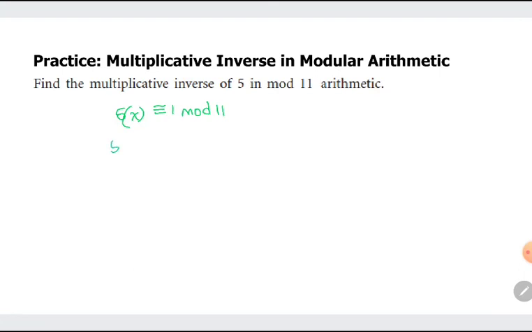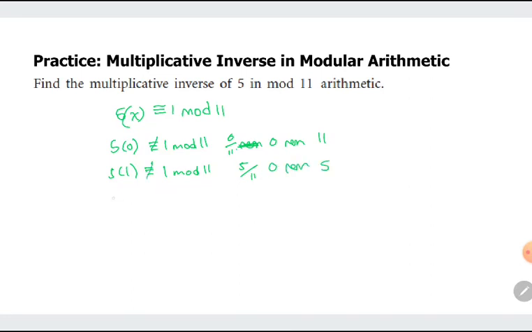Let's start at 0. So 0 would be a remainder of 0. 5 times 1, so 5 divided by 11 would be a remainder of 5.